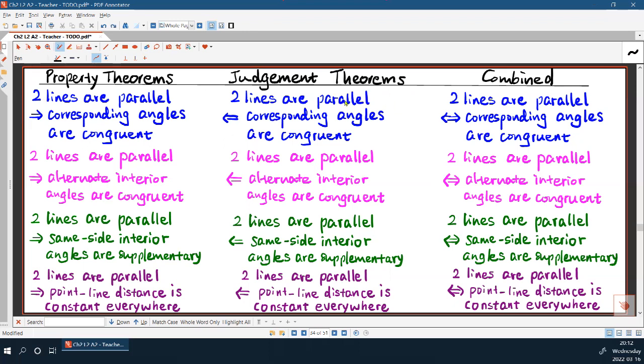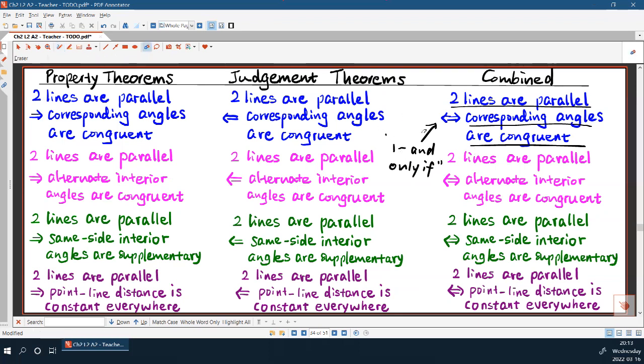Okay, then we can combine the property theorem and the judgment theorem into one statement, which reads: 2 lines are parallel if and only if the corresponding angles are congruent. This symbol here is called equivalent, or if and only if, which means the first statement here is equivalent to the second statement here.